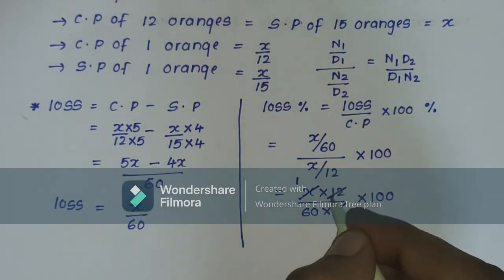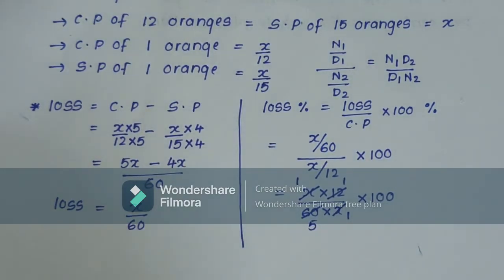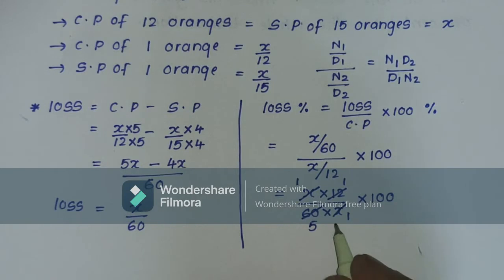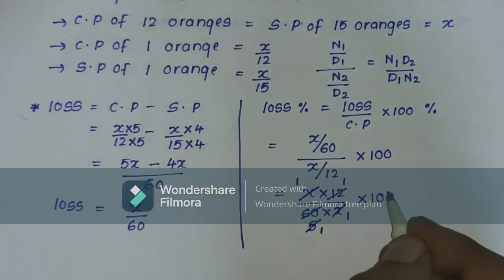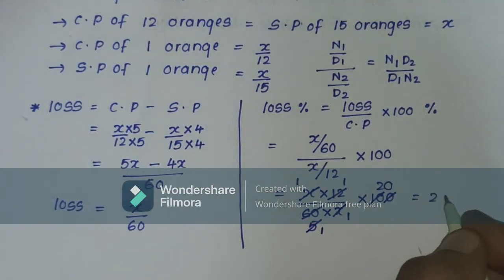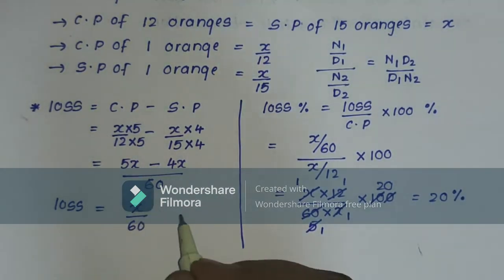Now student, 12 ones are 12, 12 fives are 60, but you can cancel this 100, because 100 is your numerator and 5 is the denominator. That means 5 twenties are 100, so 20% is my loss percent for this question. Okay student, I hope you understood this question very well.